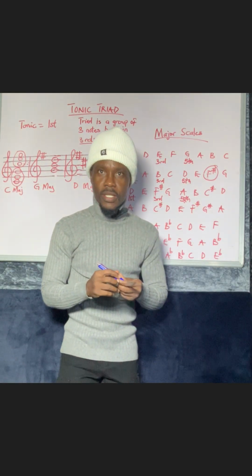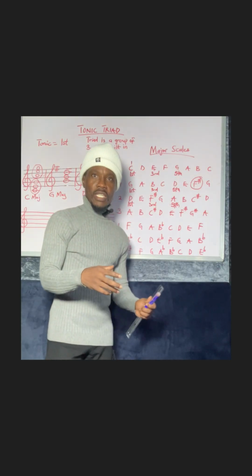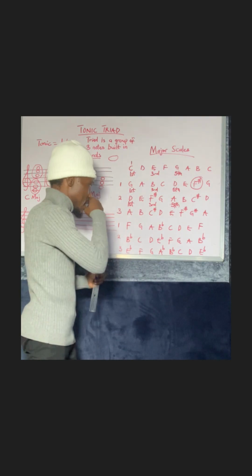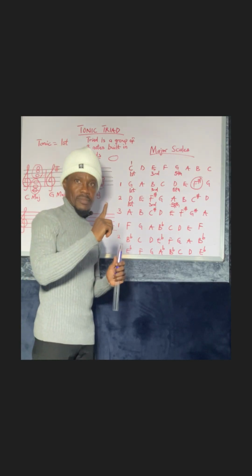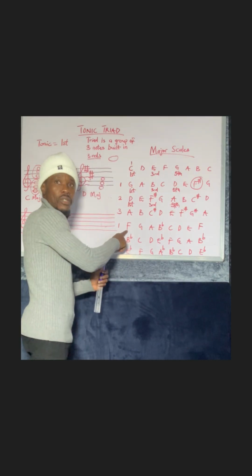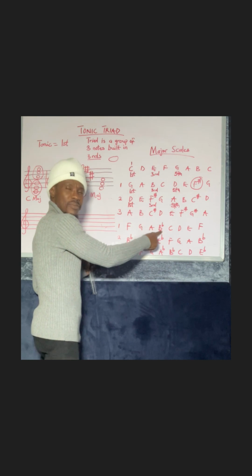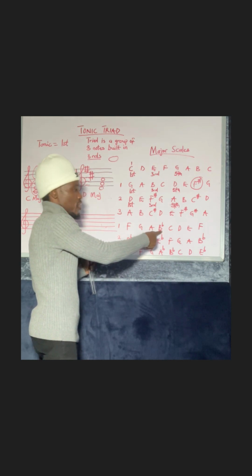Easy peasy. Now let's move to the keys with flats. The first key with one flat is F major. F major has one flat on the fourth note, so we call it B flat.